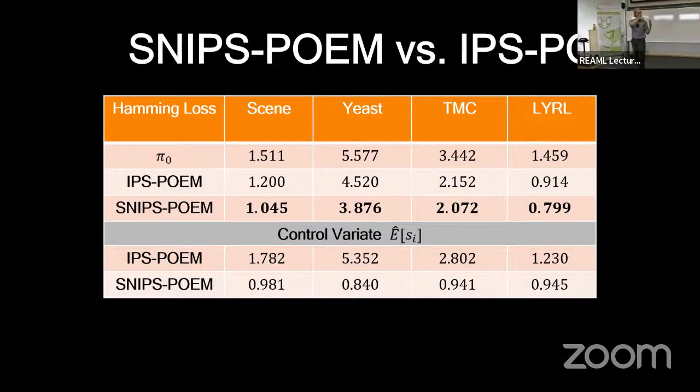Because you can't weasel out of the data anymore. And down here is the control variate. What you can see is that if you don't actually do the SNIPS optimization, that control variate can be really far from 1. Once you do the self-normalization, it's close to 1.